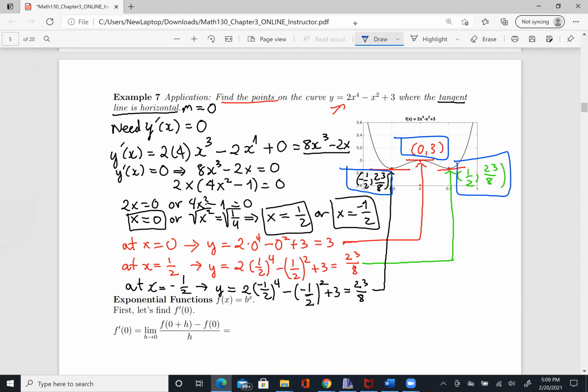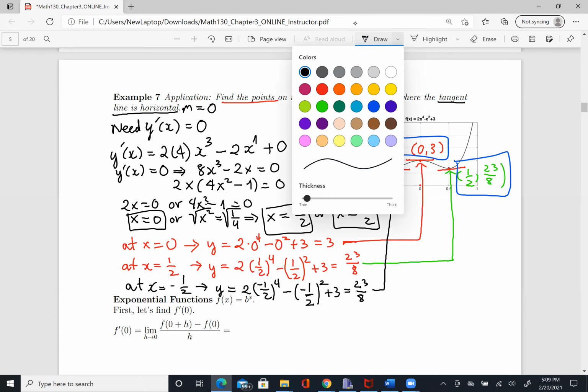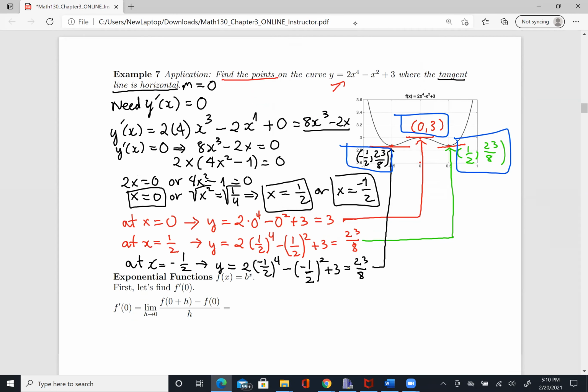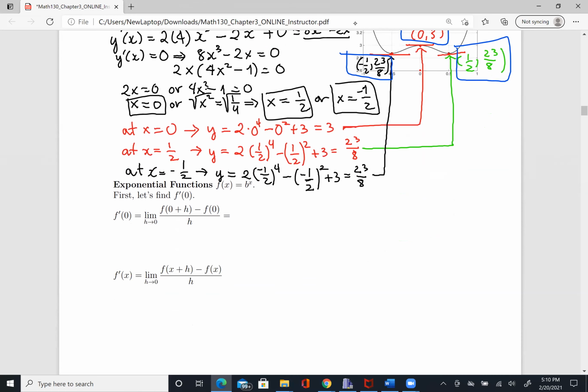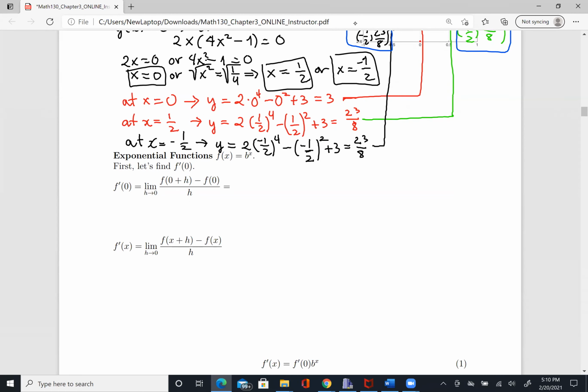Now let's move to the exponential function. Okay, how can you take the derivative of an exponential function? Let's try by using the limit, right? And let's see what happens.